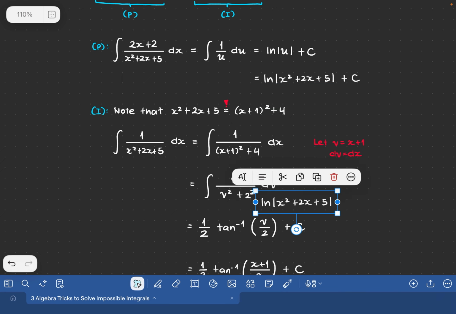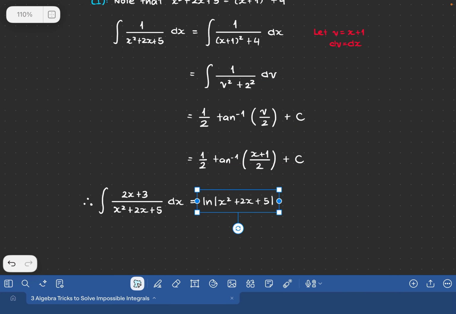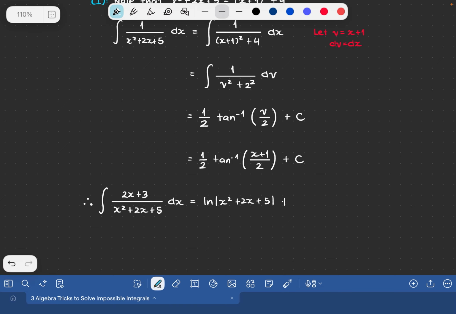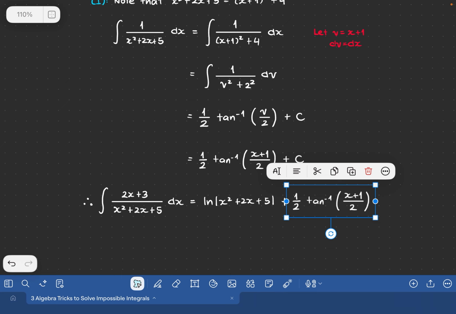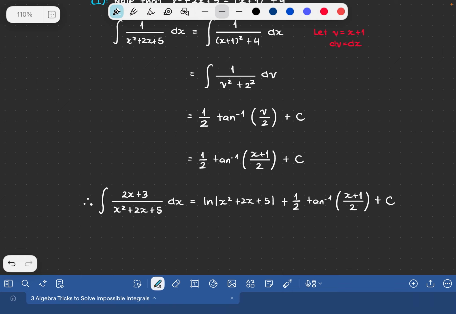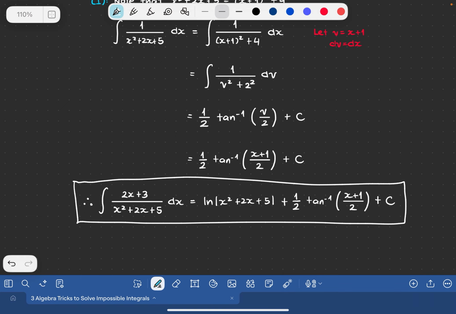I can disregard c, c is just a constant, so let me put it at the end, and then just add a plus c at the end. This is the answer for this last item.